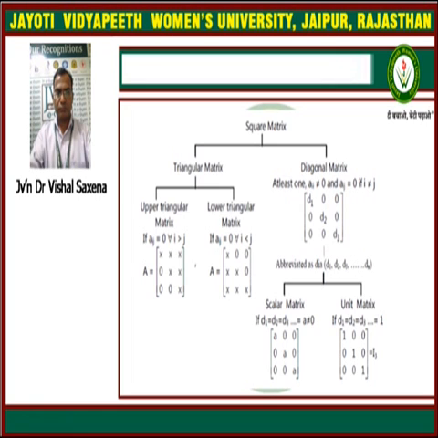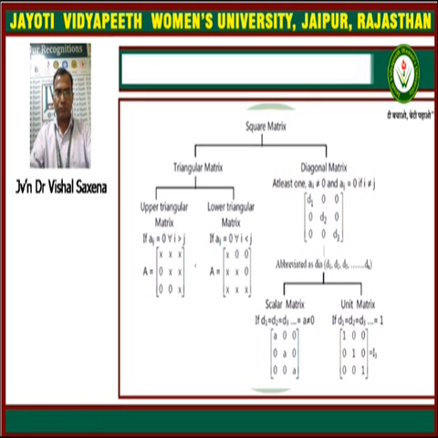Next, diagonal matrix. In a diagonal matrix we can see D1, D2, D3 are shown in the diagonal. That means when except the diagonal elements all the remaining elements are 0, then such a matrix is called the diagonal matrix. Now the diagonal matrix is divided into two parts. First is scalar matrix, second is unit matrix.